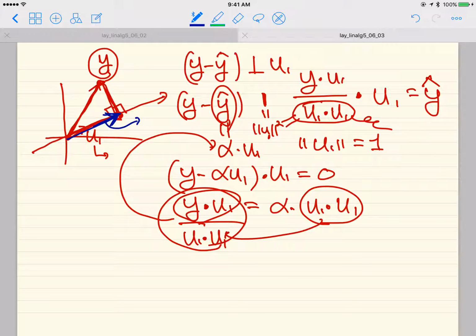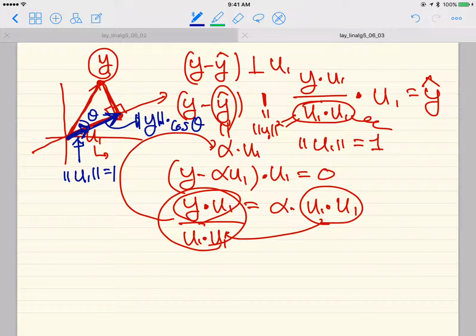The length is the original length of y times cosine theta, where theta is here. Okay, and then now I give you a vector of this direction, but the length of this vector is 1.